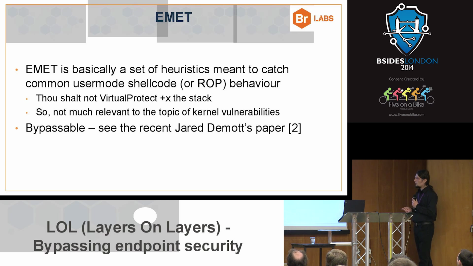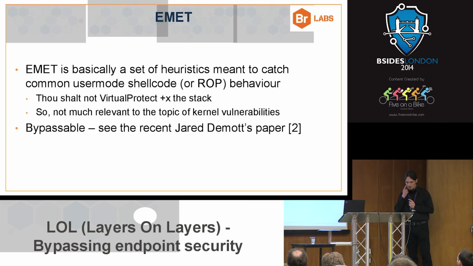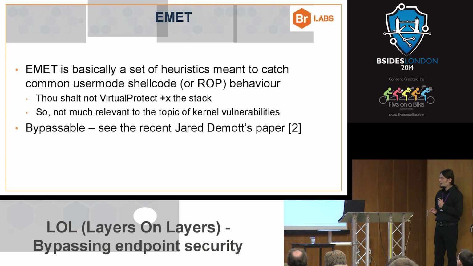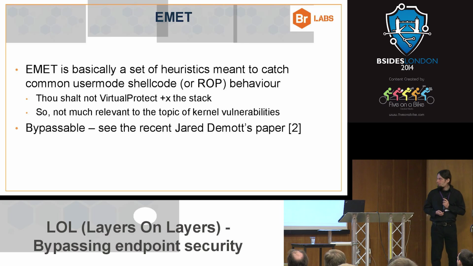Because that behavior will not be exhibited by any normal software. The only case when it happens is when a ROP chain is running. Again, not very relevant to the topic of kernel vulnerabilities. EMET is not related to preventing kernel exploits.